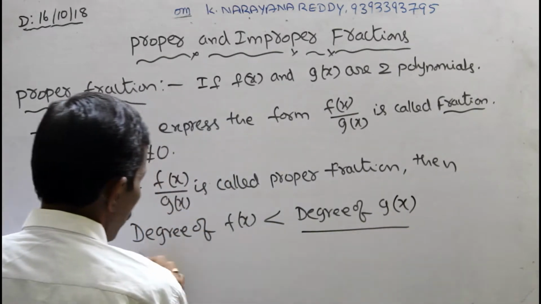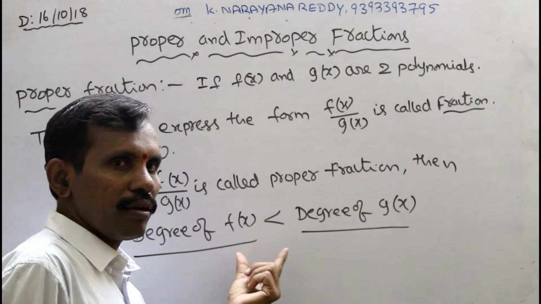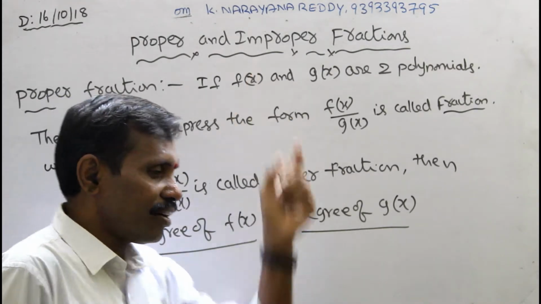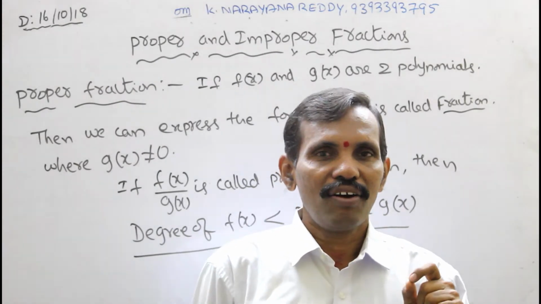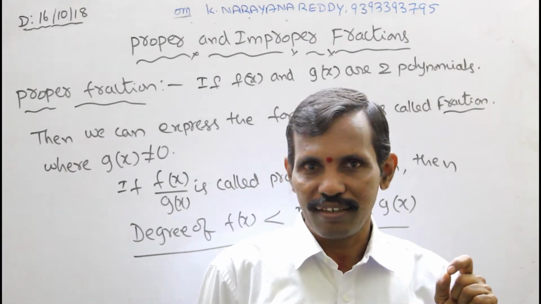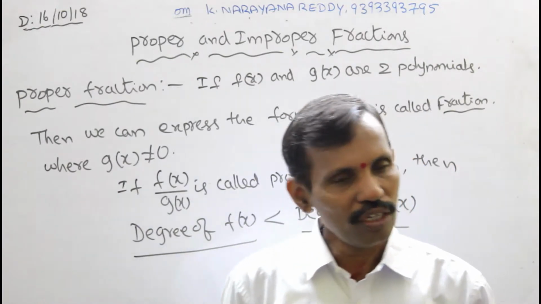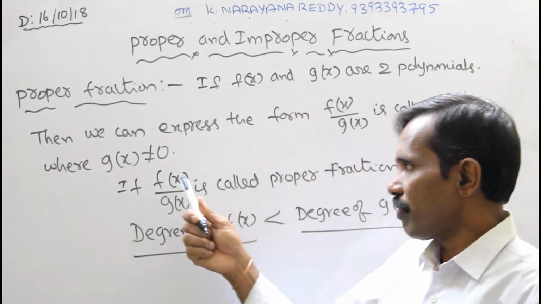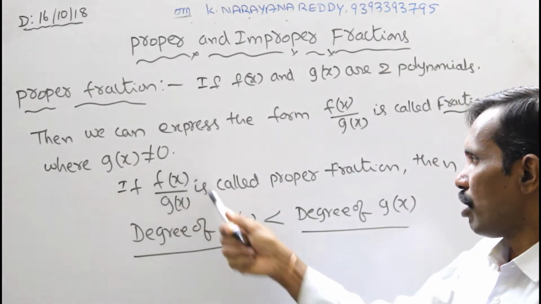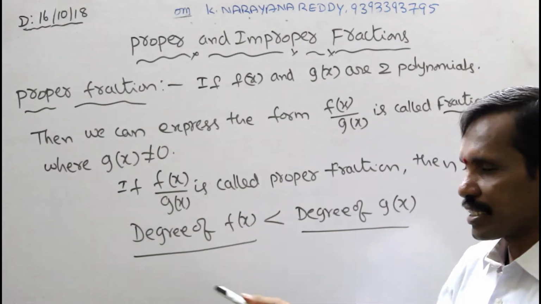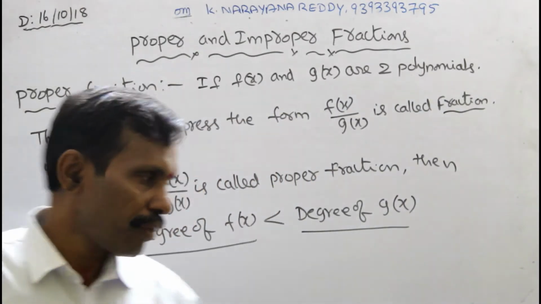This is very important. If a fraction obeys this rule, it is called a proper fraction. That means you already know what is degree, what is order. So degree of f of x less than degree of g of x is called a proper fraction.